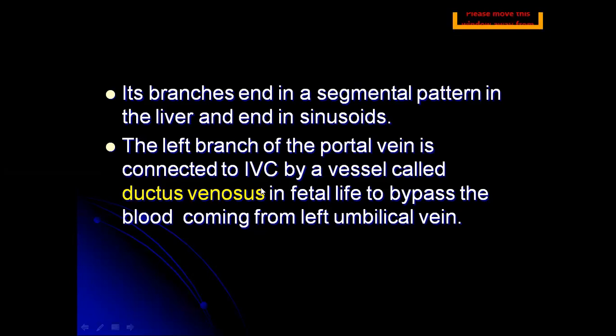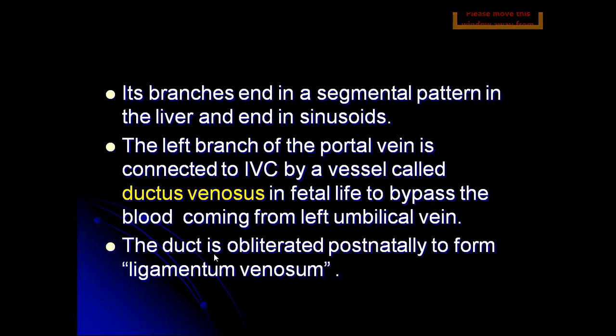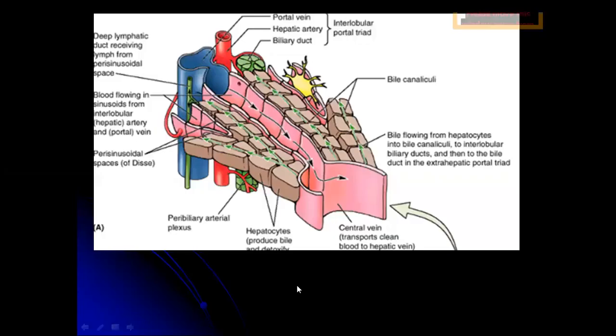Hence, the left branch of the portal vein is connected to the inferior vena cava directly by means of the ductus venosus. The remnant will be the ligamentum venosum, what we see with the liver. The duct is obliterated postnatally to form the ligamentum venosum.